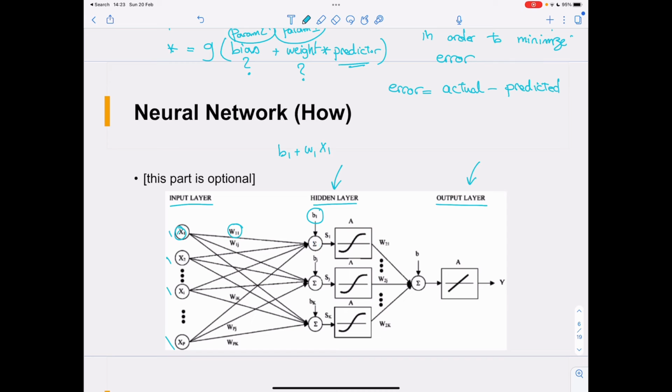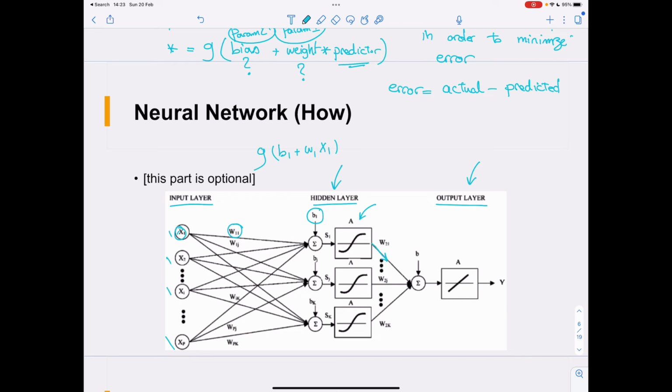Here, this sigma is exactly the term that I showed. And then we use a function. This is the g function that I explained. Here it is called the activation function. And the output would be one value that is fed to the next node.